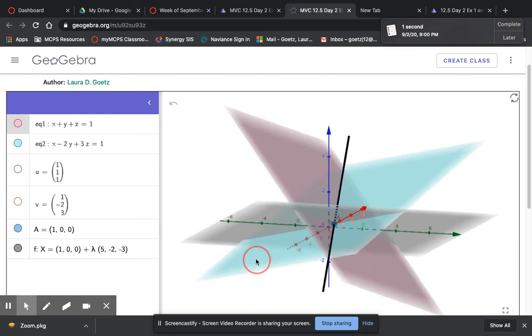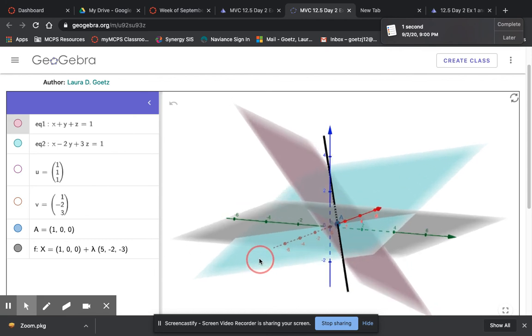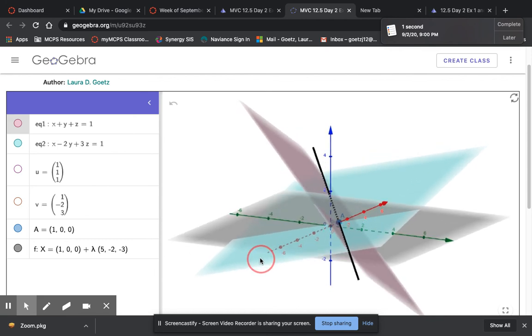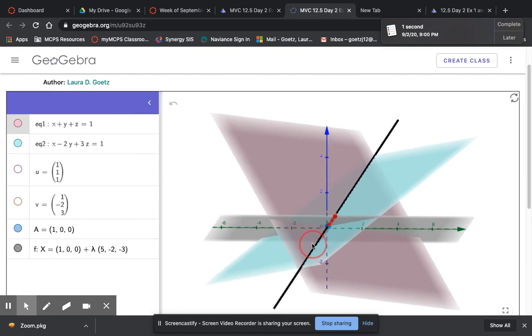There's the equation of the line, the intersection of those two planes. Right, now that's not symmetric form. But I think that you're able to get symmetric form from that.